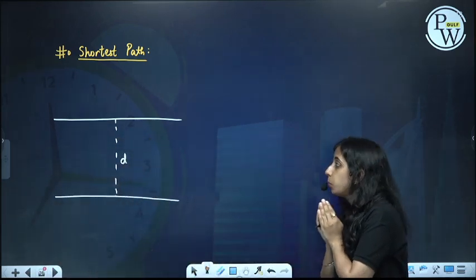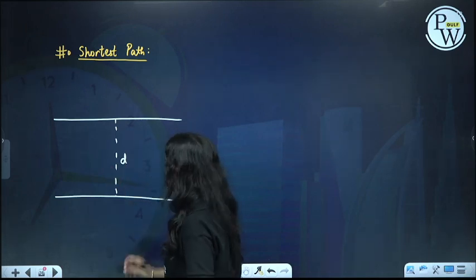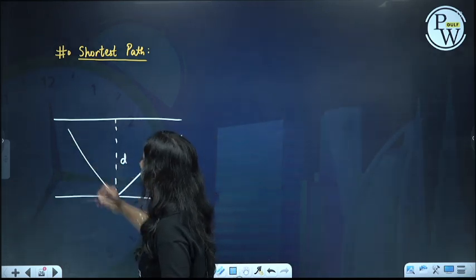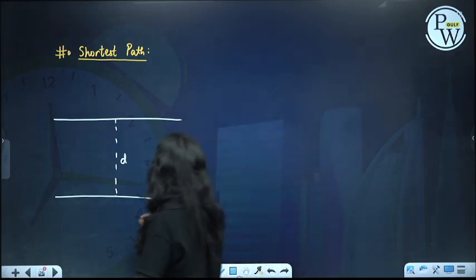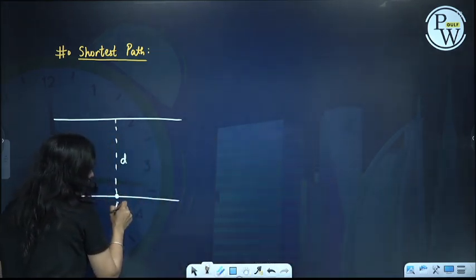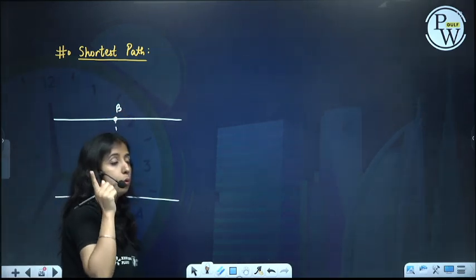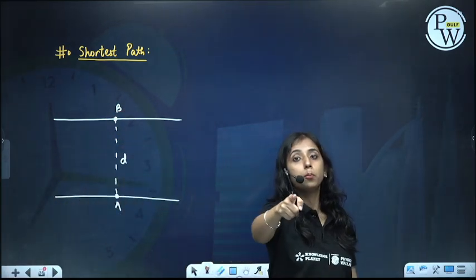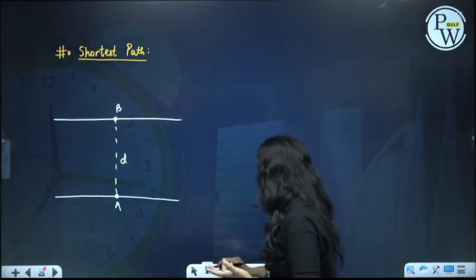The shortest path will be the perpendicular path. Any path, this or this, will be greater than it. So the shortest path is when he starts from A and reaches exactly the opposite end B on the other bank.